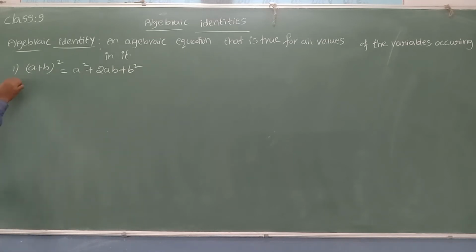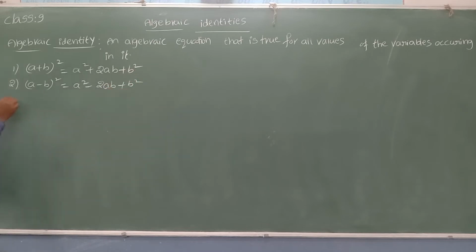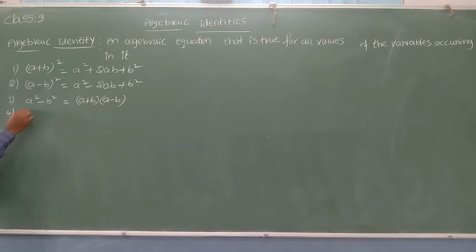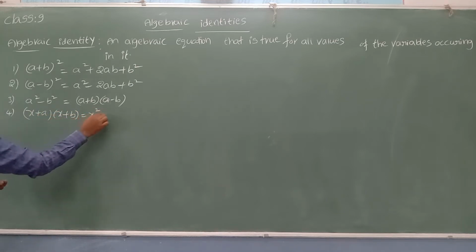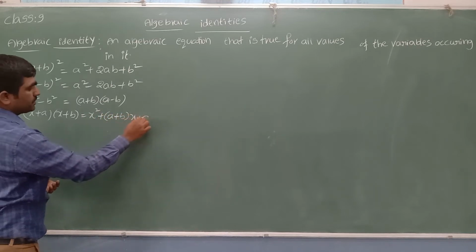And the next identity is (x + a)(x + b) = x² + (a + b)x + ab.